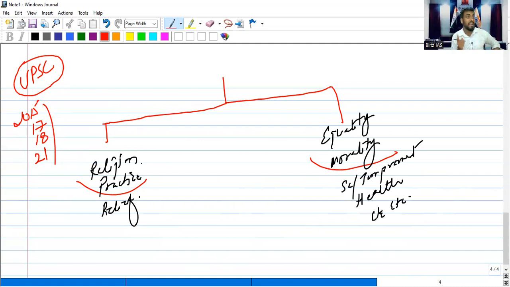Because India is a country where the constitution itself is giving you the right to practice, profess and propagate any religion. Religion is your individual matter. It's a personal matter. State cannot say to any individual कि नहीं तुम ये religion नहीं मानोगे, ये वाला मानोगे. State has no religion. State has nothing to do with religion.